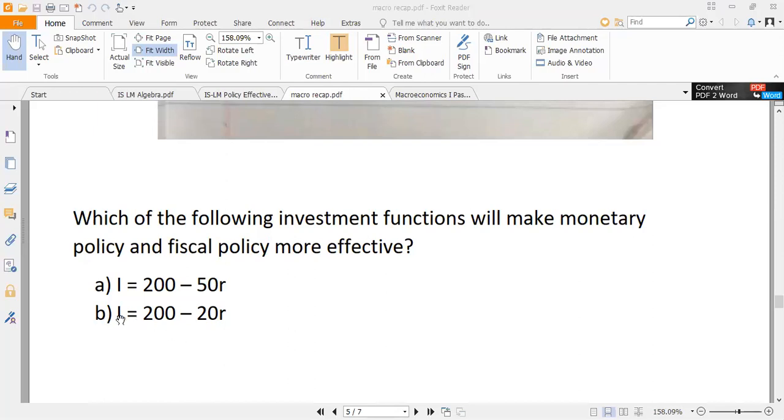If investment is less sensitive, it will make the slope of the IS curve very large, and that makes it steeper. But you don't need to use math. We use the diagram to support the intuition.